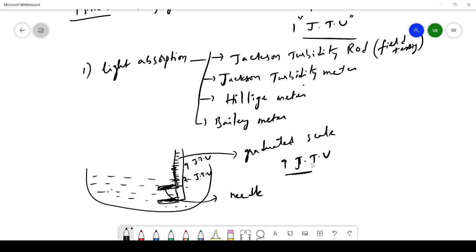You have to dip that rod until you are not able to see that needle. This is very simple field testing to find out the turbidity present in the water.